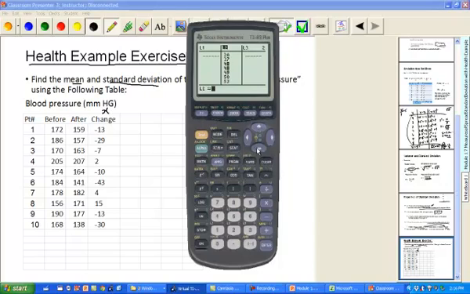What we're going to do is not type in all of the before and afters. We're just going to type in the changes. Negative 13, negative 29, and so on. You have to use the additive inverse key if you want a negative number. Do not use the subtraction key. It will give you an error.